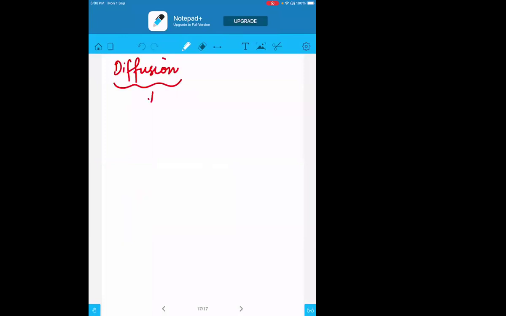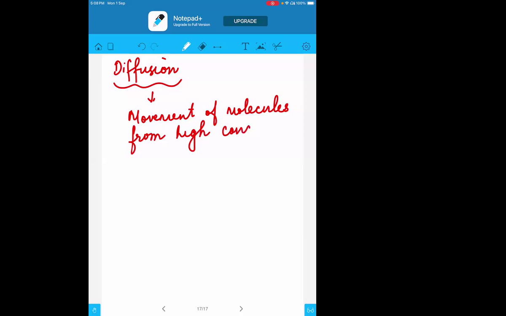See, diffusion, when we talk about it, is a movement of molecules. Whatever the molecules are there, their movement is from high concentration to the low concentration.